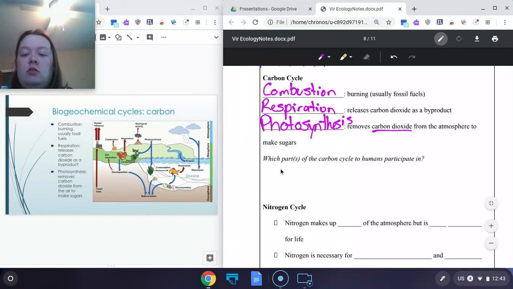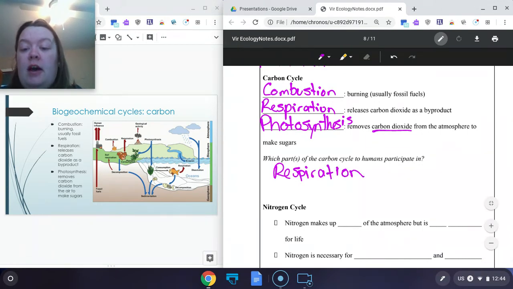So our question here on our sheet is, which part or parts of the carbon cycle do humans participate in? Now, the main one that we talked about that humans participate in is respiration. And that's because we breathe out carbon dioxide.